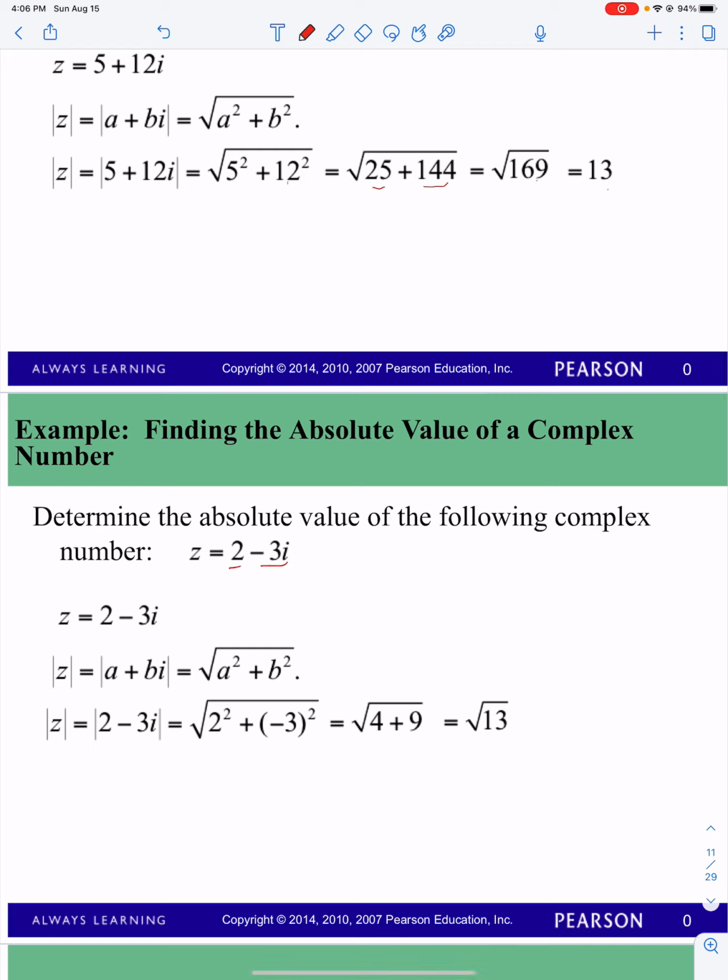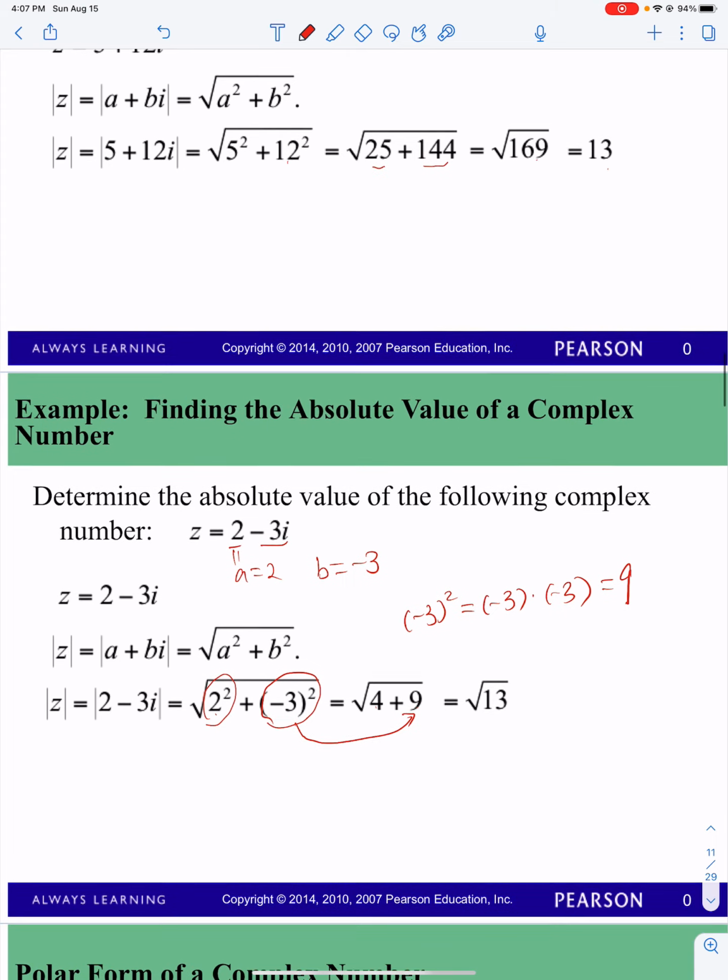What is your a? a is 2. b is -3. But be careful, 2 squared is 4. What is -3 squared? It's positive 9, because -3 squared equals -3 times -3. The negative sign goes away, so it's positive 9. Many students forget this is positive and make a mistake.